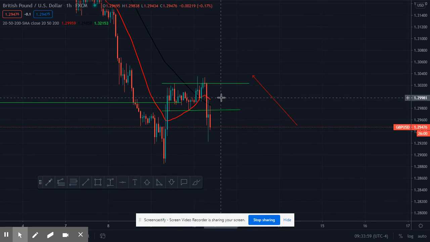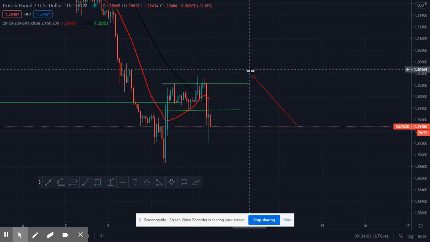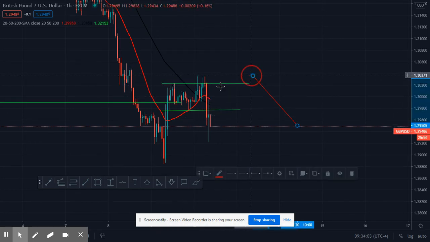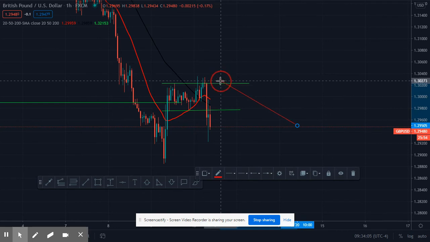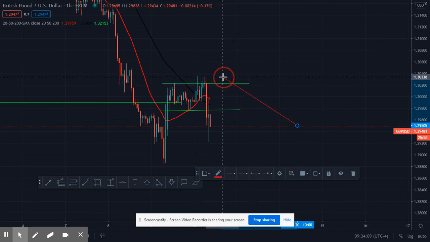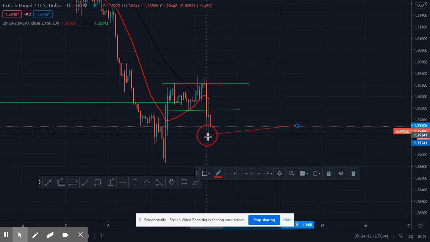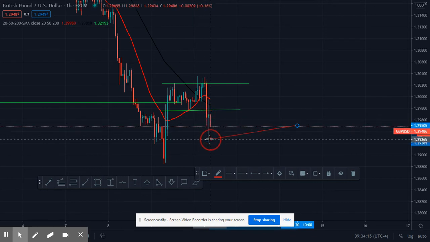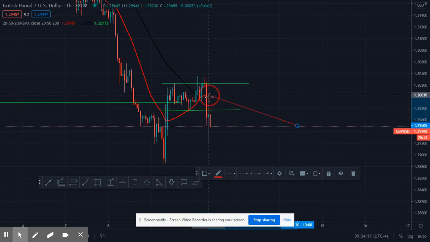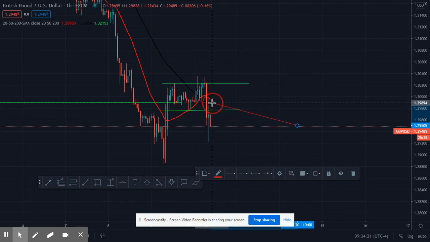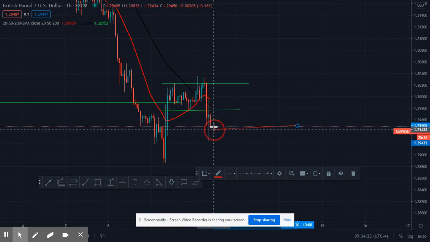All right. So what we want to see is a break, a retest, and then a bounce, and then the candles closing above the structure. All right, we got a break. Price pushed down, came back up here to the moving average or back up into the market structure, and then we made our way back down.